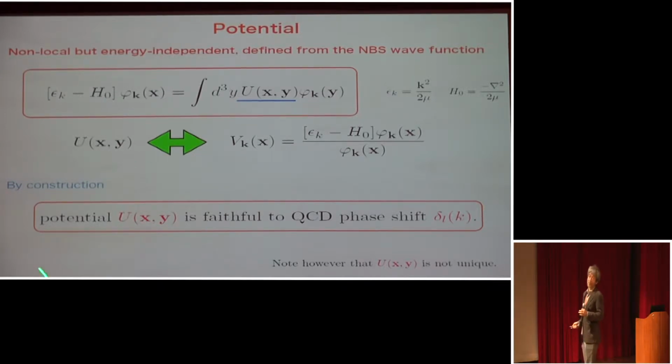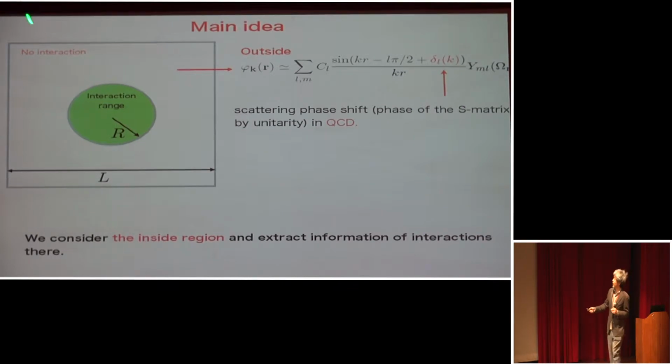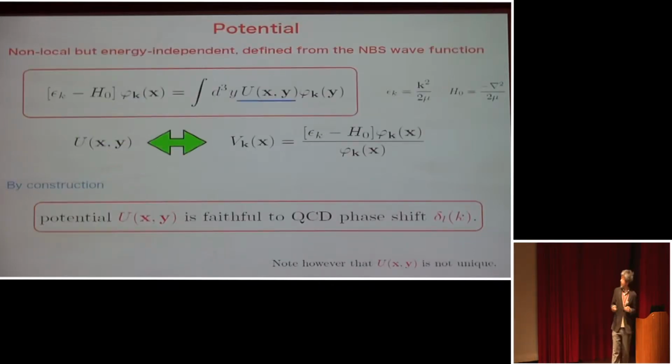This is the NBS wave function, multiplied by the free Schrödinger operator E minus H_0, subtracting the energy part. Outside the interaction range, this is 0, but inside, this is non-zero. We parameterize this non-zero part with a non-local potential U(x,y) times phi_k(y), integrated over y. This is our definition of the non-local potential.